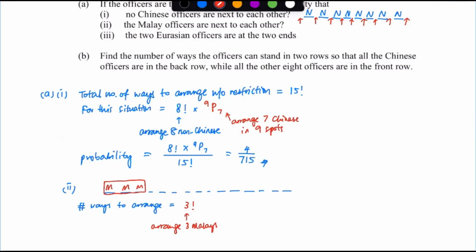We will be arranging 12 people and this group, because this group can go anywhere, correct? So it means we will be arranging 13 groups. So it will be 13 factorial: 12 people and one group, so a total of 13 factorial.